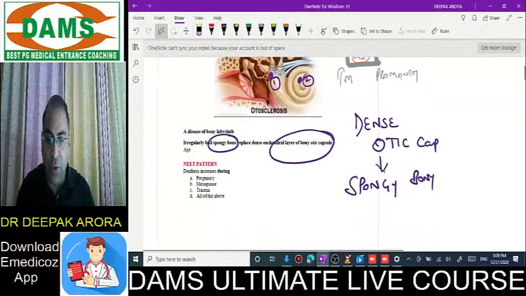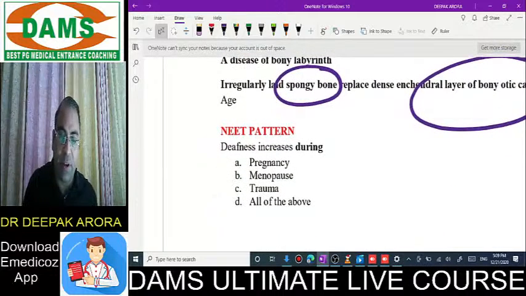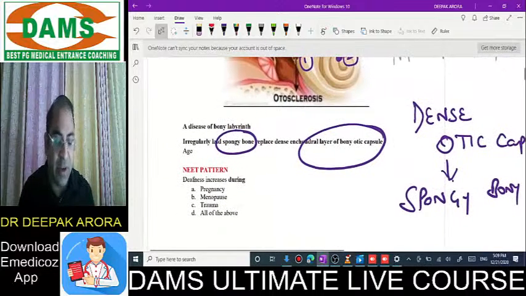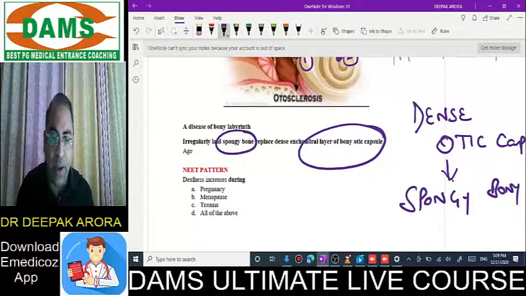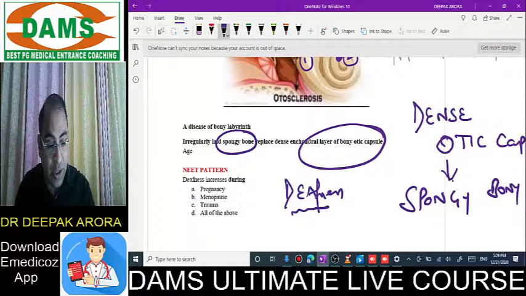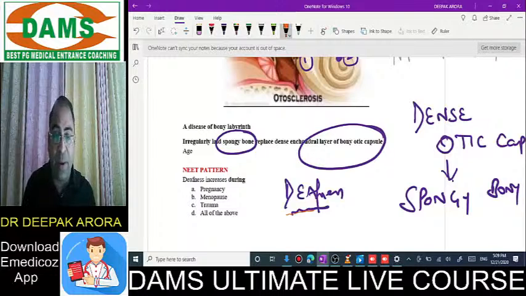Now I will be taking you to the simplest MCQ. Deafness. In otosclerosis, whenever the middle ear or inner ear is involved, what will be the common symptom? The logic says it will be hearing loss, it will be deafness. So the first important point, what will be the symptom? Symptom will be deafness. And now it depends on multiple factors. What is the pathophysiology? Why is this spongy bone there?